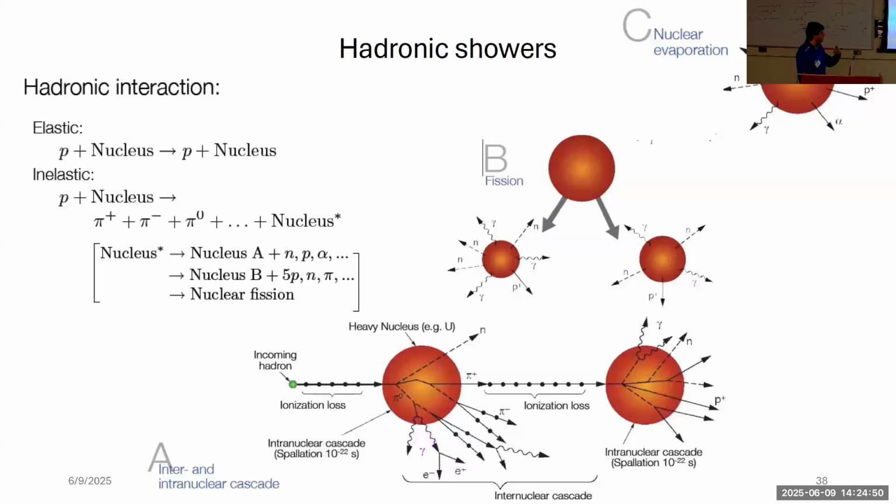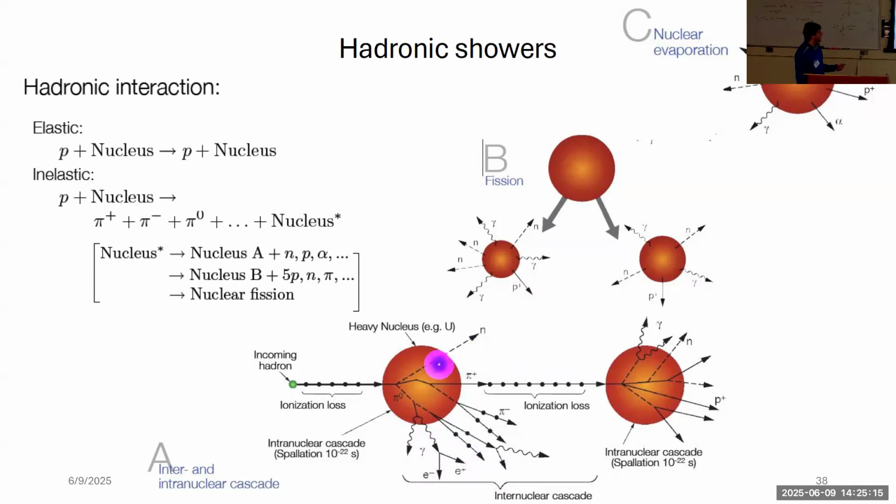That hard scattering will produce some hadrons, which can go on to have a nuclear reaction with additional nuclei. In addition, it can produce a pi zero, a neutral pion, which can decay, and then those decay photons can also create electromagnetic interactions.